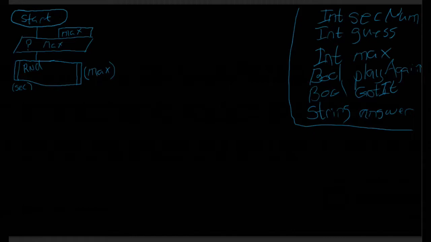So now let's just go do that routine real quick. Oh, I did that on another layer, didn't I? Hold on just one sec, Control E. Okay, let's go ahead and do that on the other layer. So we're going to have this random routine. We're passing in max. We're returning sec, or our secret number.